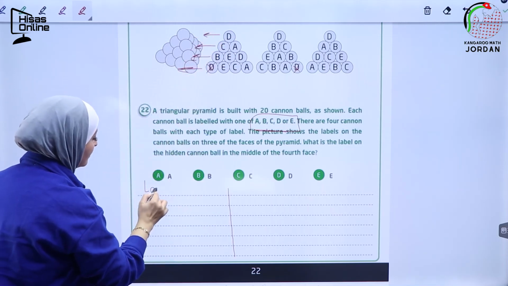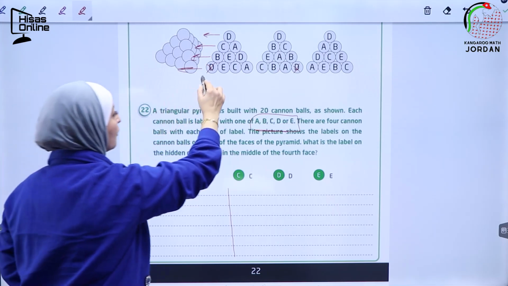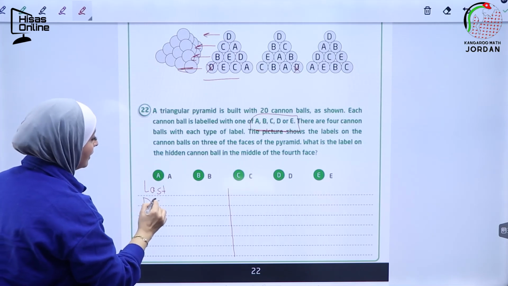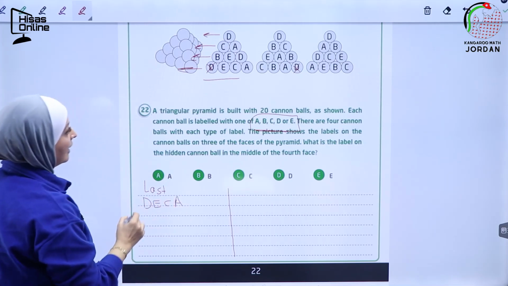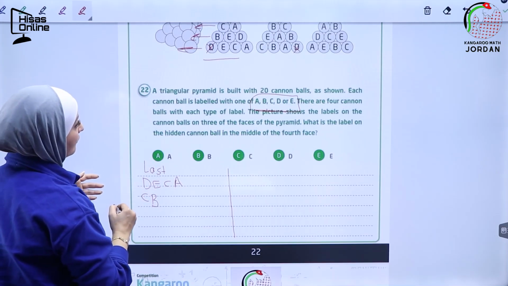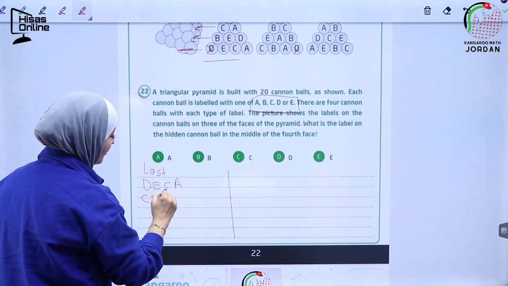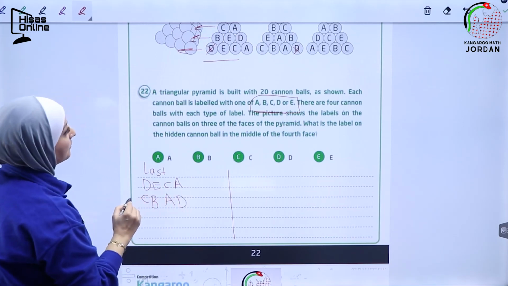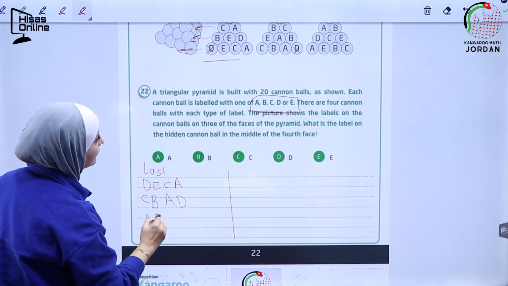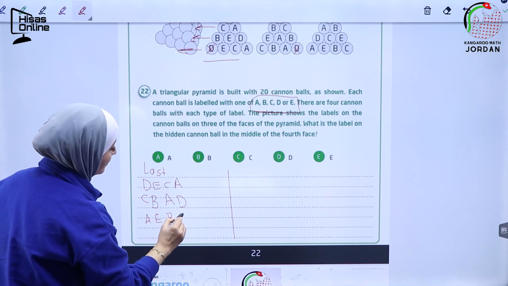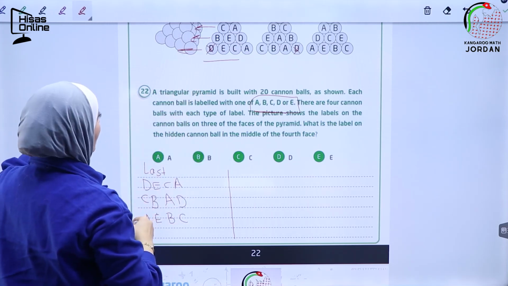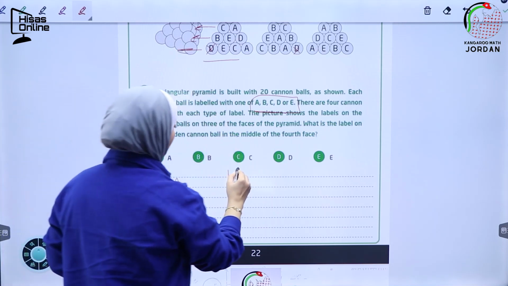So for the last one, let's write all the letters we can see in the bottom row. So it's D, E, C, A, and C, B, A, D, sorry, and A, E, B, C. Okay, and let's write what is at the third row.